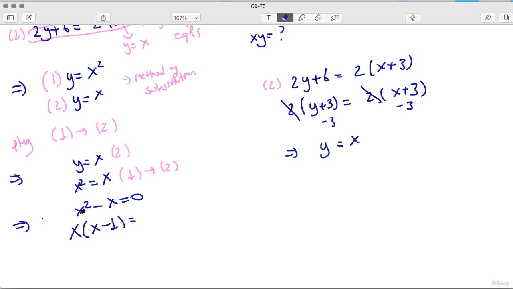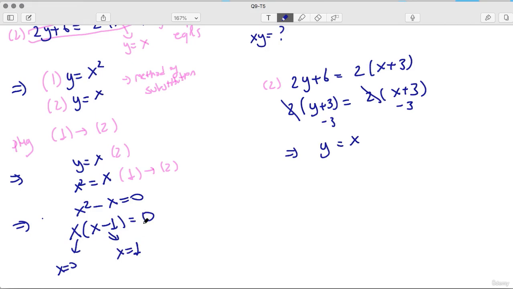If you distribute, you get exactly x squared minus x. So this equals 0. That means, since this is second degree, there are 2 x values. This says x is 0 and x is 1. Both of them solve this equation.